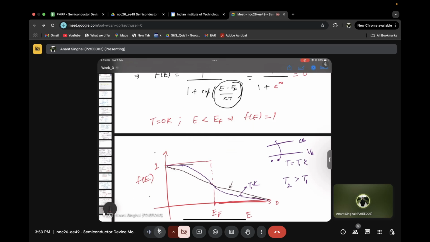So this temperature should be T2. Is it clear what we are trying to establish here? This is more physical than mathematical. As we increase the temperature, the electrons go from the valence to the conduction band, hence we have a lower probability. Any doubts, anyone?